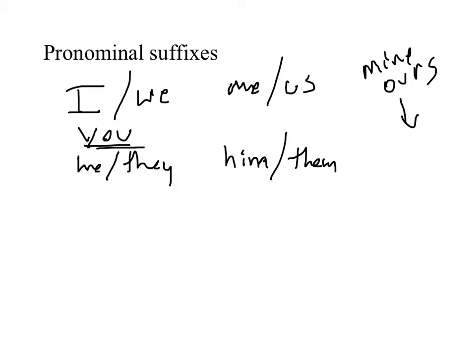And in Hebrew, we have a similar situation. Previously, we've talked about some of the subject pronouns in Hebrew, like anochi. But now we're going to focus on pronominal suffixes. Pronominal suffixes are attached directly to verbs in the case of direct objects, or there are other ways to do it.